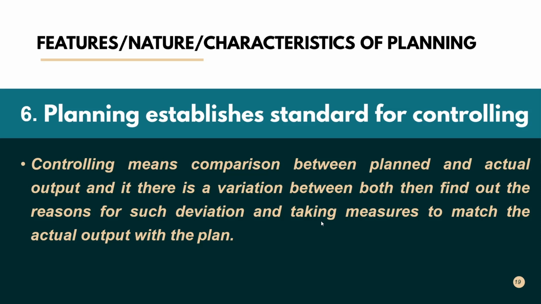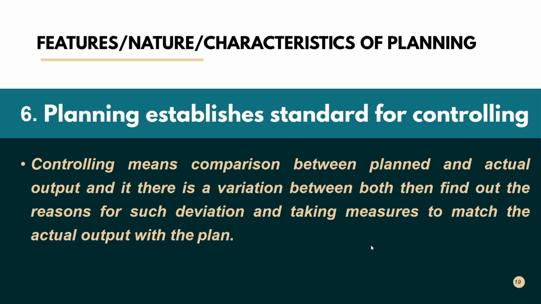So if there is a difference between the two, the current situation and the plan, and they see that they are not able to hit the targets, they will investigate why it happened and take steps to fix it. Let's say for example, if a company planned to produce 1,000 units of a product, but only managed to produce 800.